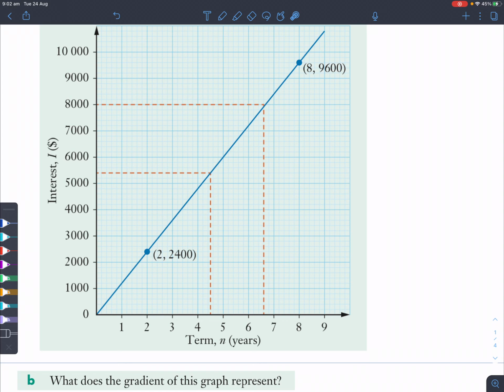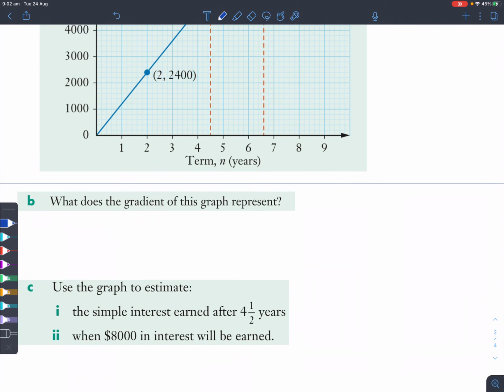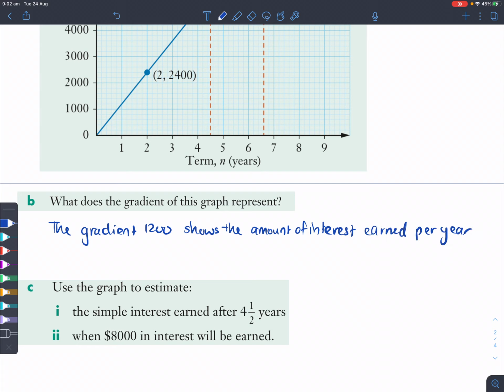That's what I mean by simple interest. So we're going to write down here that the gradient, 1,200, shows the amount of interest earned per year. And you must write that.